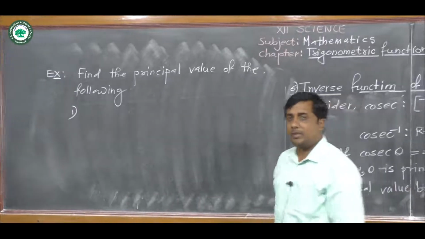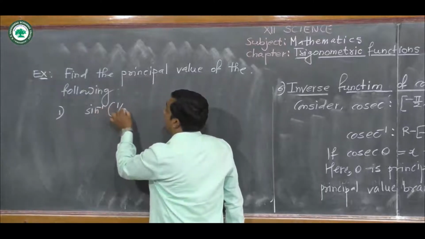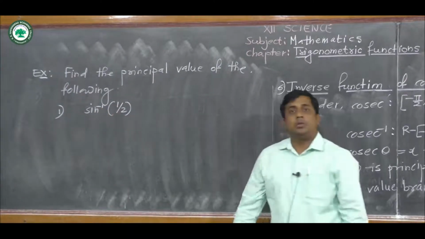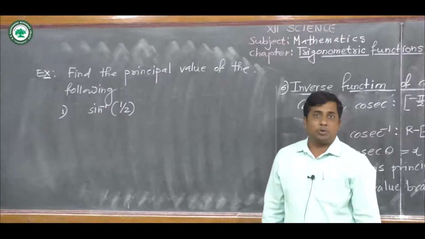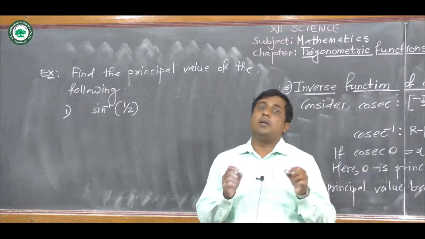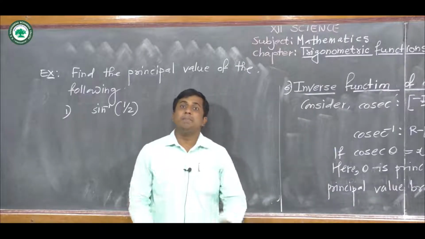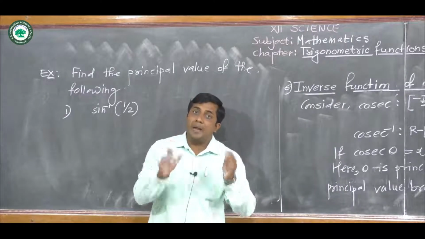Here in the first, given sine inverse of 1 upon 2. We have to find the principal value, which lies in the principal value branch.